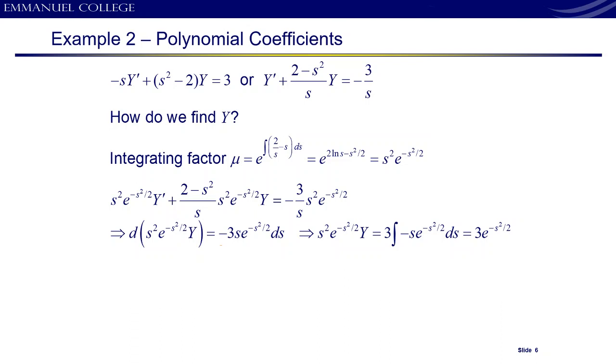And like before, we're neglecting the constants, because with the exponentials and everything in the integration, it's just going to get a little bit messier. But notice now, s squared e to the negative s squared over 2 times y. Then we would get 3 e to the negative s squared over 2.